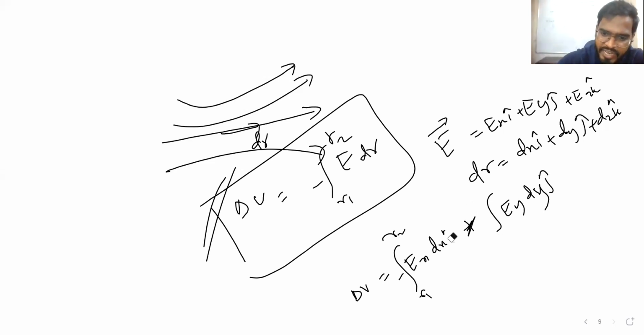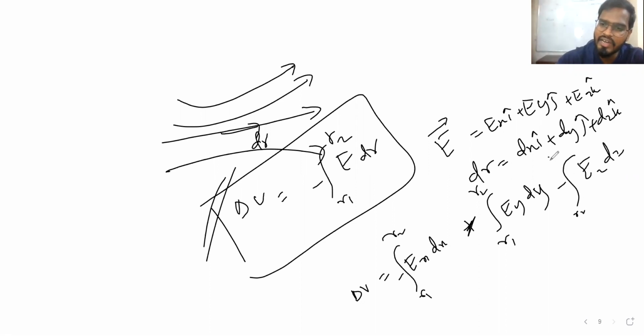No need of writing i cap and j cap after that, because we are identifying it by y. Minus of Ez dz, R1 to R2. So by this way we can find the same thing. We had done this in work, power, energy, and potential gradient there also, the same thing. So by this way we can do.